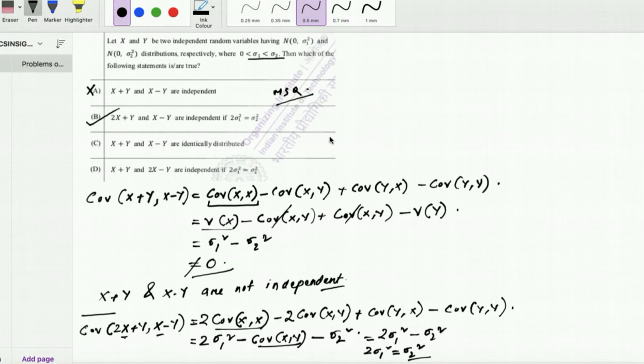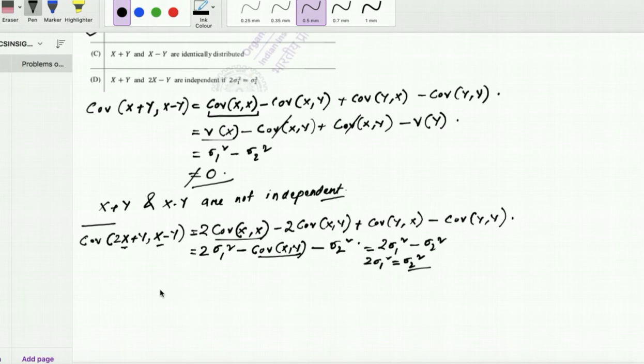For number C, let's see. We are given that X plus Y and X minus Y are identically distributed. Identically distributed means they have the same distribution.